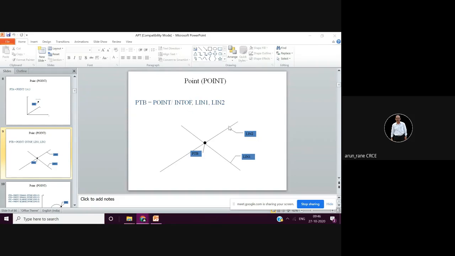Otherwise, it will give an error. It will ask where is line 1, where is line 2. So if you are using this type, then you need to define line 1 and line 2 first. Then only you can write. And there must be no spelling mistake. You need to write like this only. Intersection is int, line is lin.